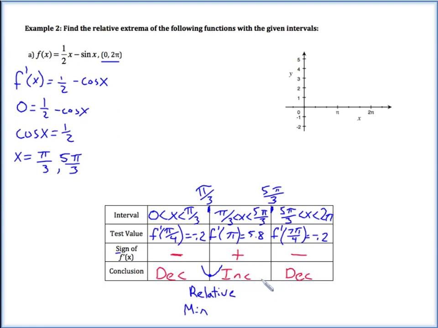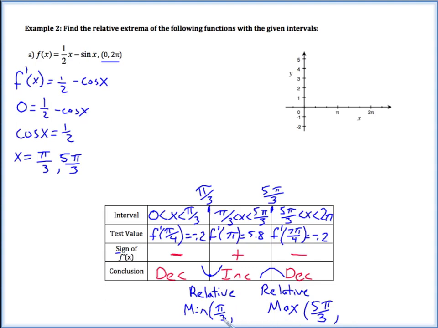And if we go from increasing to decreasing at a critical number, remember it looks like this, that makes this a relative maximum. Okay, so for the minimum, we know the x value is pi over 3, and for the maximum, we know the x value is 5 pi over 3.